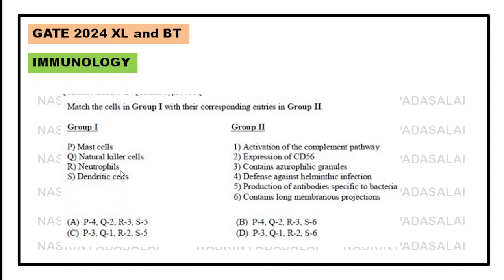Next, neutrophils contain azurophilic granules. All your white blood cells are granular, and neutrophils have azurophilic granules made up of various kinds of antimicrobial substances. Next, dendritic cells contain long membranous projections, just like dendrites. So option B is the correct answer.